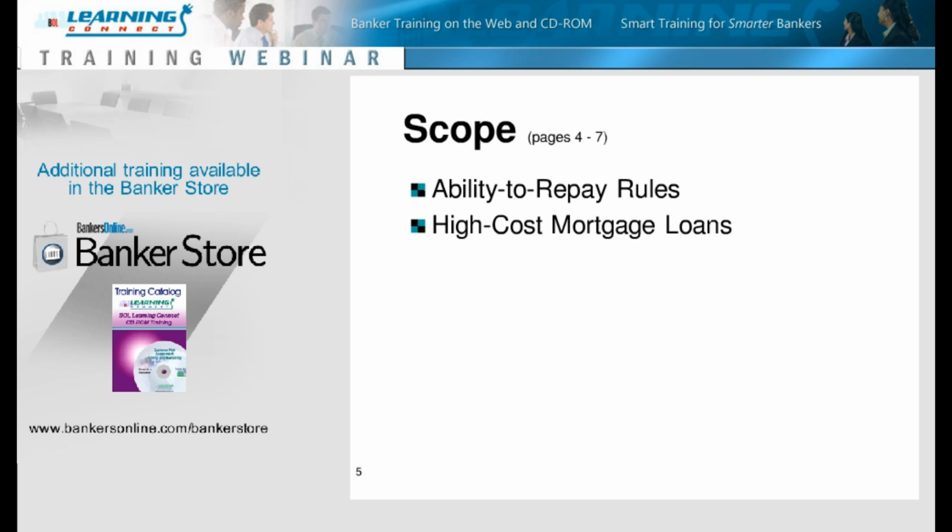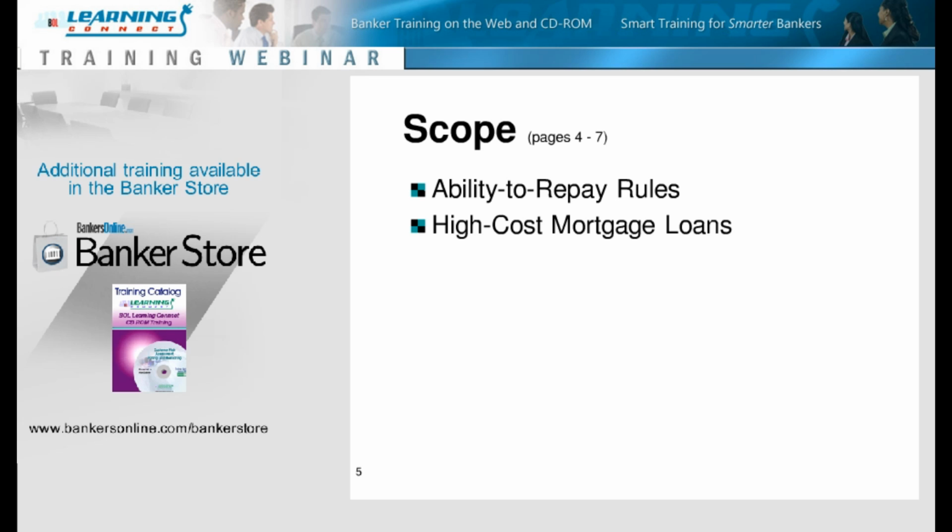also known as the ATR rules. These are found in .43 of Reg Z, and they apply to closed-end consumer credit secured by a dwelling. There are exceptions for reverse mortgages, bridge loans, construction loans of 12 months or less, or I should say the construction phase of a construction-to-perm loan where the construction loan is 12 months or less.